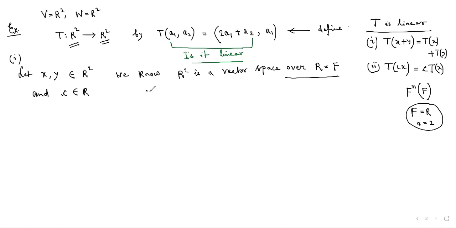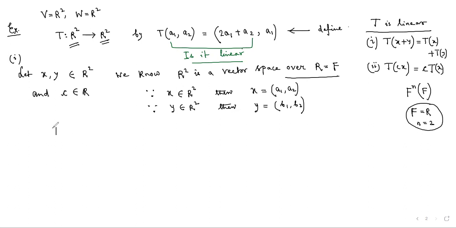Now, since X belongs to R2, and here the context is the set which is a two-dimensional space, therefore the form of X will be A1 comma A2, and Y belongs to R2. Since Y belongs to R2, then from this context, the form of Y will be B1 comma B2, because these are the elements of R2.